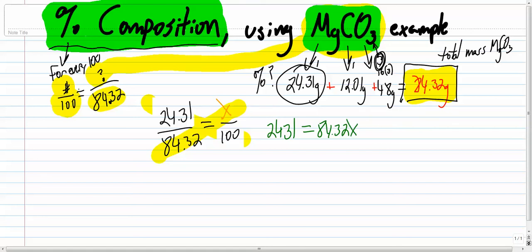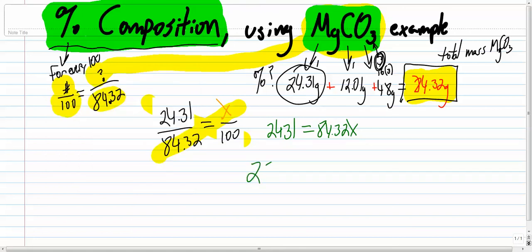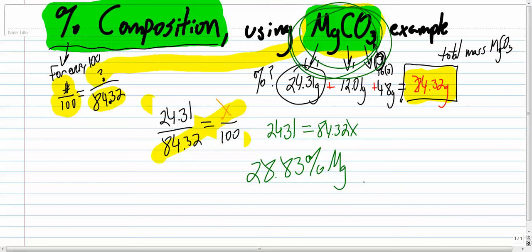So if I get my calculator out here, I want to get rid of this multiplied 84.32, so I'm going to divide both sides by 84.32, and I get 28.83. So 28.83% of magnesium carbonate is magnesium. Okay?